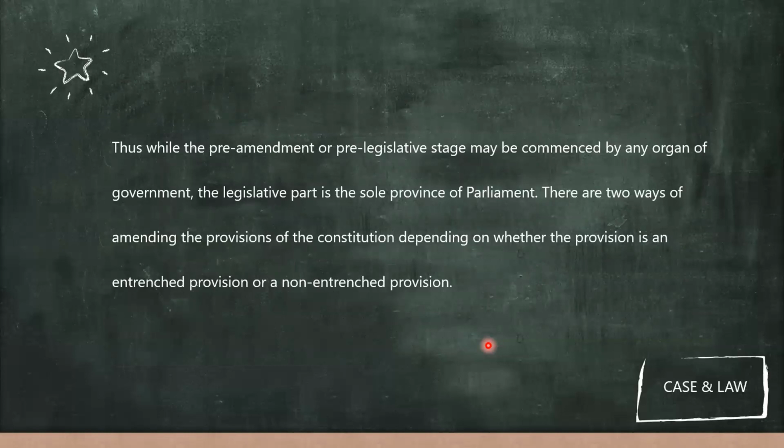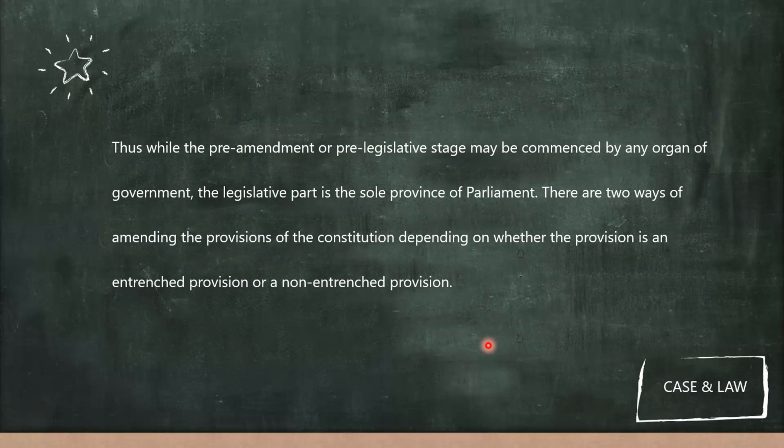So definitely there would be the pre-amendment stage, as I have said, where a commission of inquiry could come in, sit down, and gather proposals on the various portions of the constitution that may need an amendment. Then afterwards, an organ of government may also take it up.